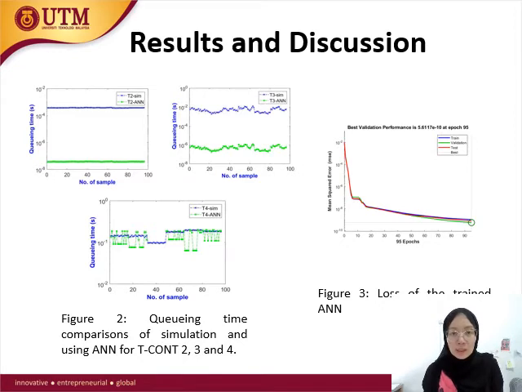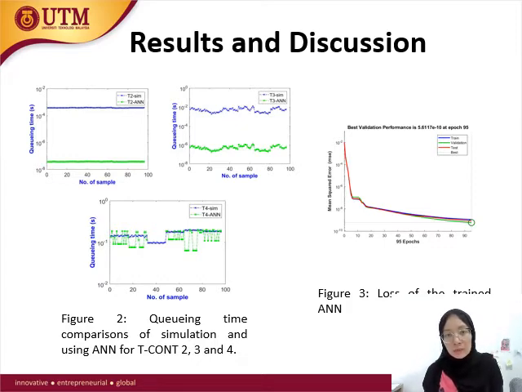It's worth noting that TCON 4 has surplus bandwidth, which means it's expected to have high queuing time. The trained network for TCON 4 has been retrained a number of times as compared to TCON 2 and 3 due to its fluctuating target data.